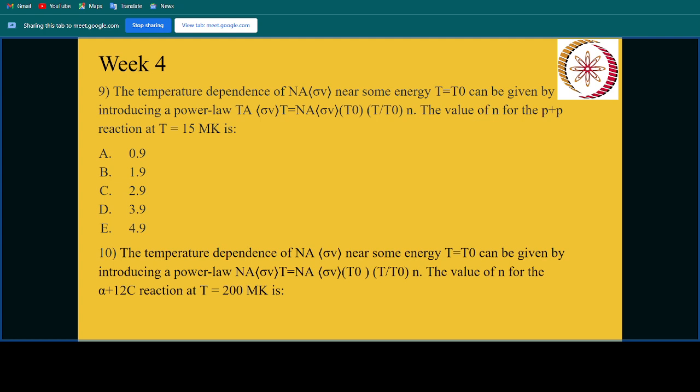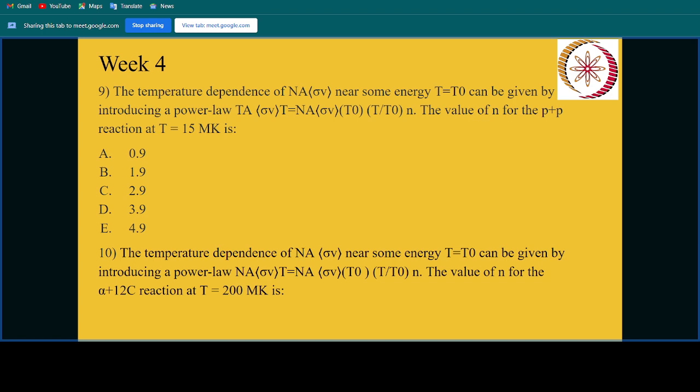Question 10 was about the temperature dependence. Let me write this question also, because I have not written it in LaTeX, so the notations are pretty bad. So question 10 of week 4.